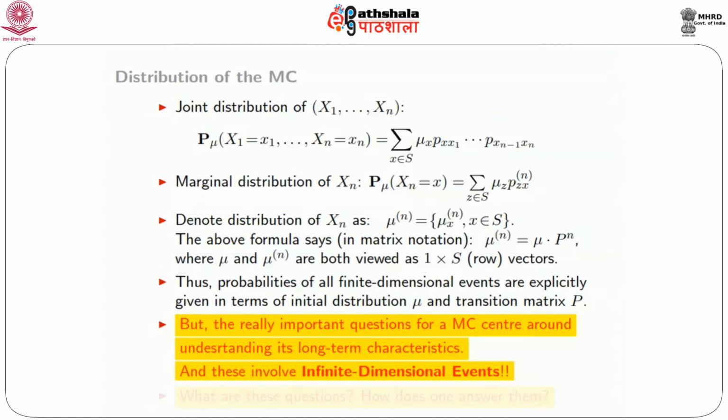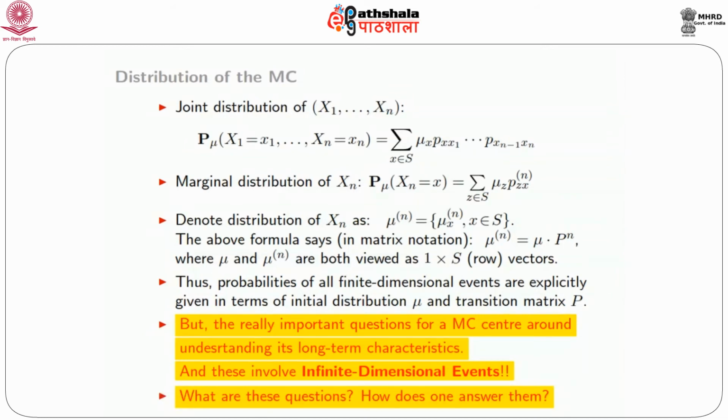And unlike the finite dimensional events, for which we have explicit formulas in terms of the initial distribution and transition matrix P, it's not so easy to get such explicit formulas for infinite dimensional events, even though the probabilities are all determined by mu and the transition matrix.